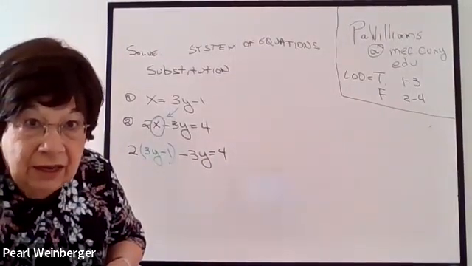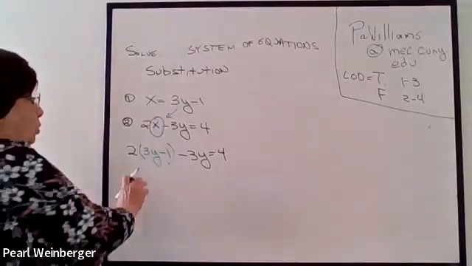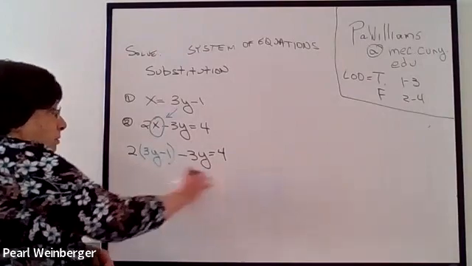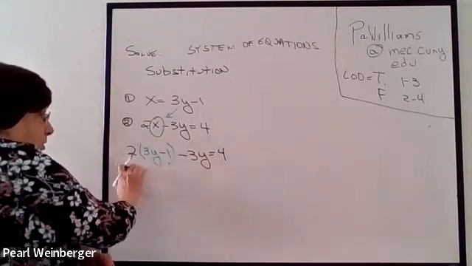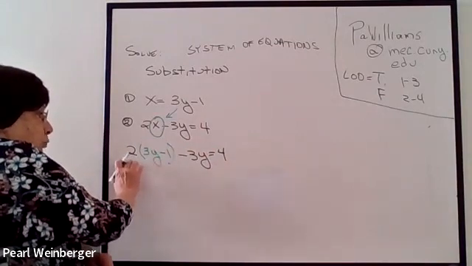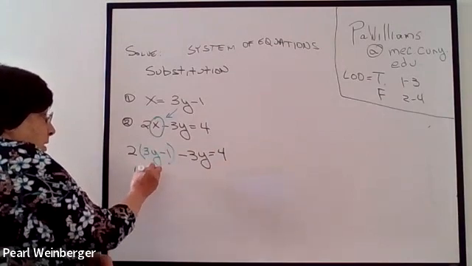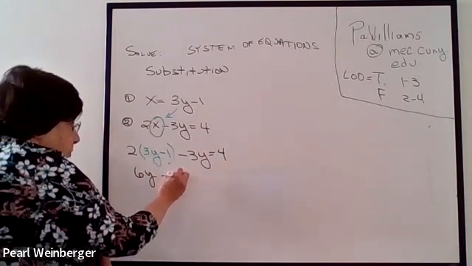Thank you, Isis. We'll see if that's the right answer. So here's a regular equation. This is how we started out our term, doing these type of equations. I'm going to multiply this 3y minus 1 by the 2. 2 times 3y is 6y. 2 times negative 1 is negative 2.